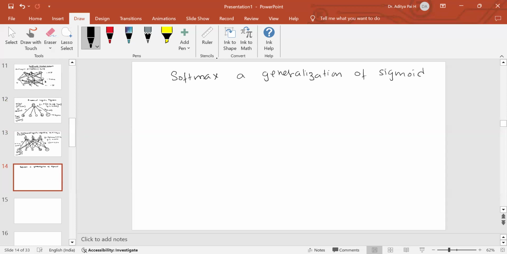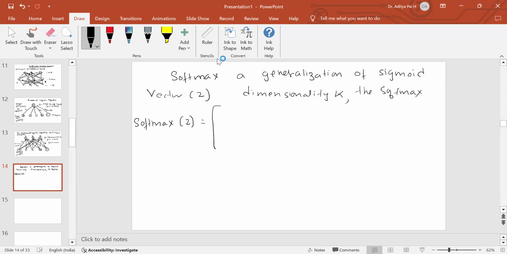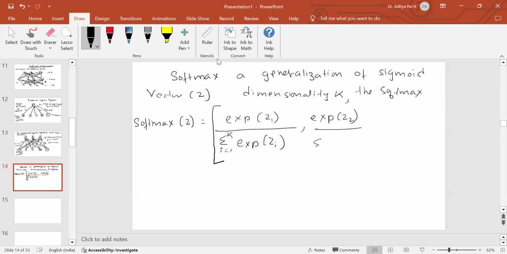For a vector z of dimensionality k, the equation for softmax is: softmax of z is equal to exponential z1 divided by the summation of i equal to 1 to k exponential z of i. Same thing, exponential z2 divided by the summation of i equal to 1 to k exponential z of i.